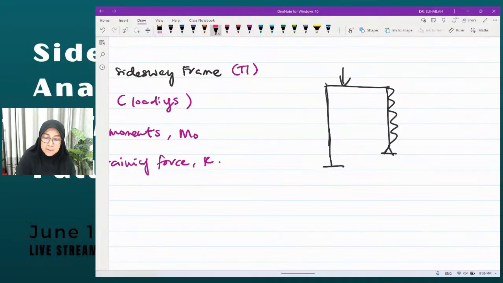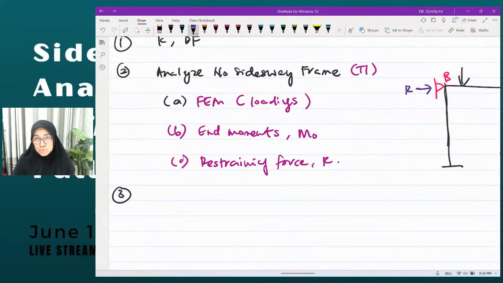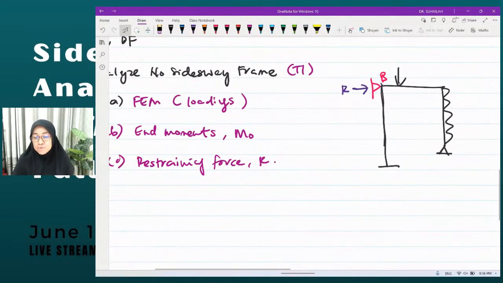So we have to apply an artificial support at B, and due to that there will be R here. So this is the frame under step number 2. This is how it looks. We have to analyze this, and later on I will explain in detail.